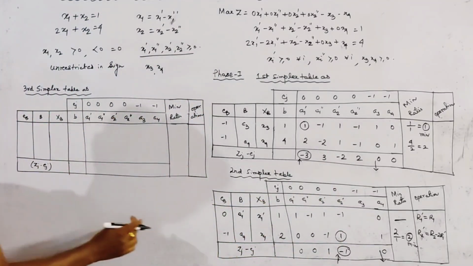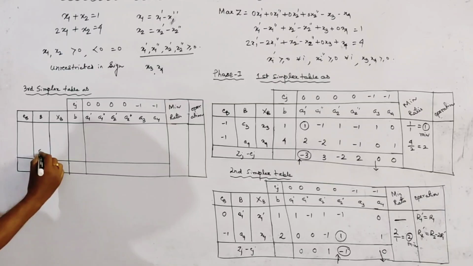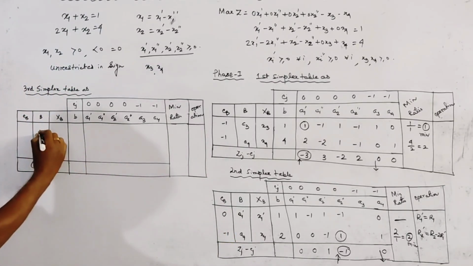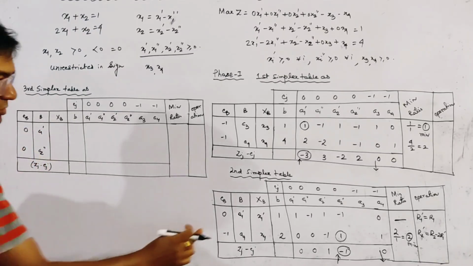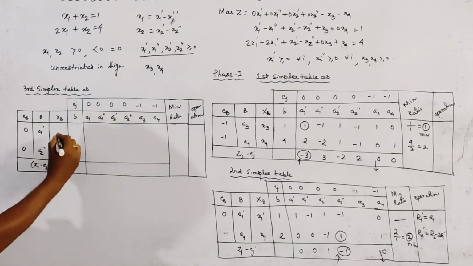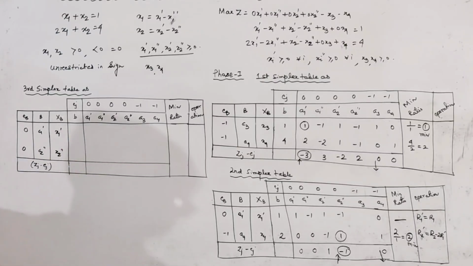so we write in place of a4 this is a2 double dash, right, a2 double dash, and the first vector is a1 dash, this is unchanged, and the first coefficients are 0, 0 because this is 0 and this is also 0. Now corresponding to the variables x1 dash and x2 double dash, right?